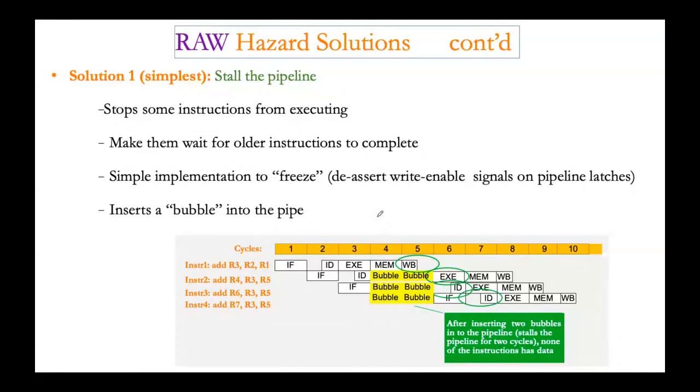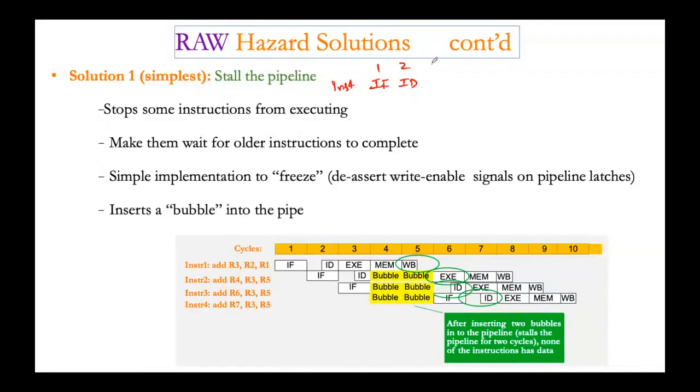So what does it do in this case? Let us see step by step. In the first cycle, instruction 1 goes into instruction fetching. In the second cycle, it will do the instruction decoding.